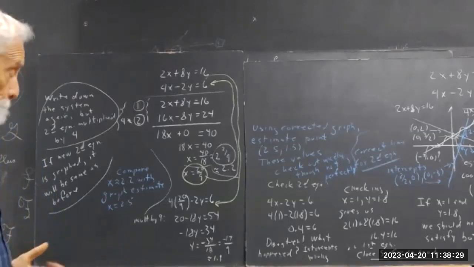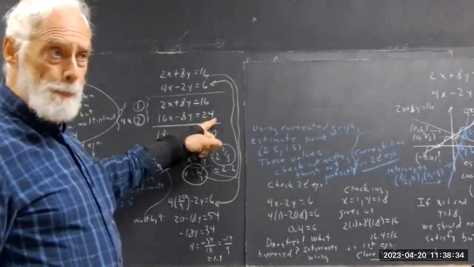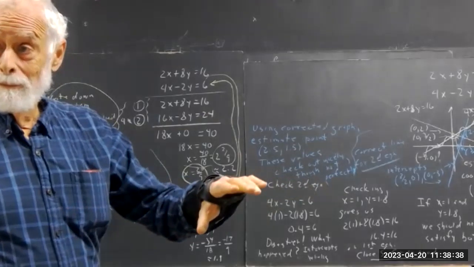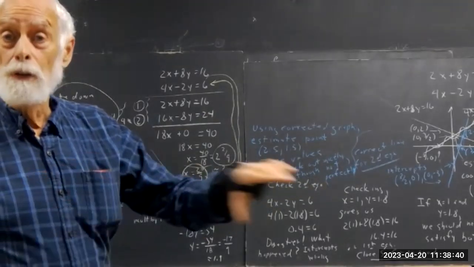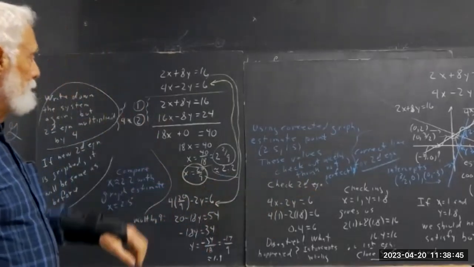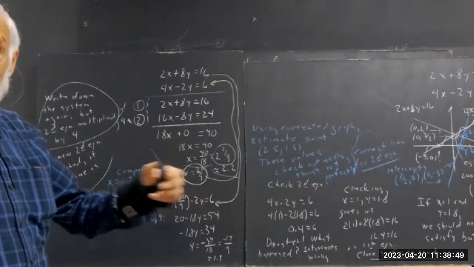Let me observe first, when we multiplied this equation by 4, that didn't change its graph at all. It didn't change its solutions at all. Because what are the intercepts? If x is 0, we get negative 8y equals 24, so y equals negative 3.